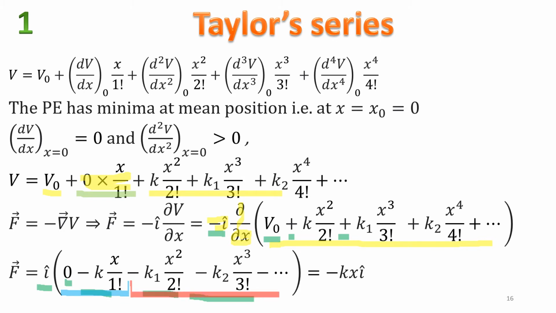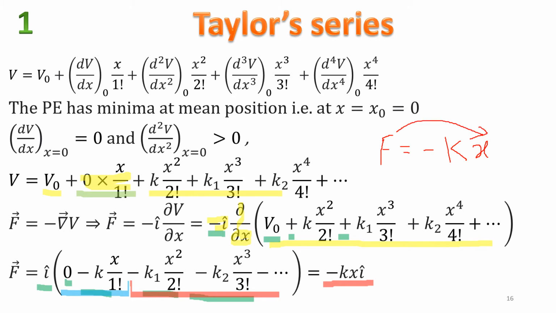And then we are left with F is equal to minus kx i cap. Here I want to emphasize a point: force is equal to minus k, a constant, times x i cap. If I want to write the scalar form of this equation, I'm not writing the vector. So F, you can see, is directly proportional to x.